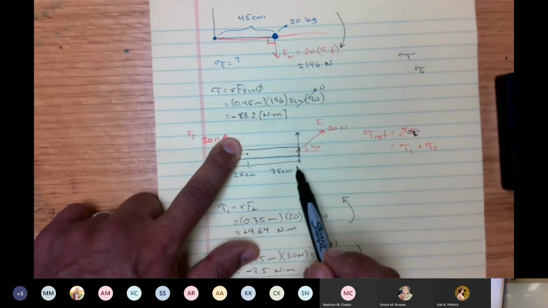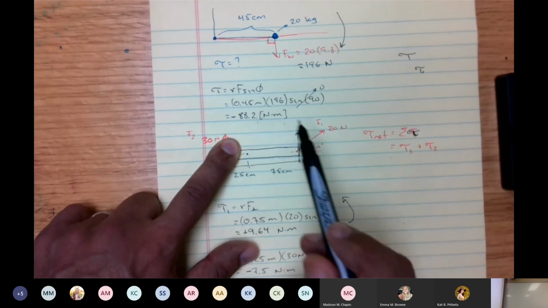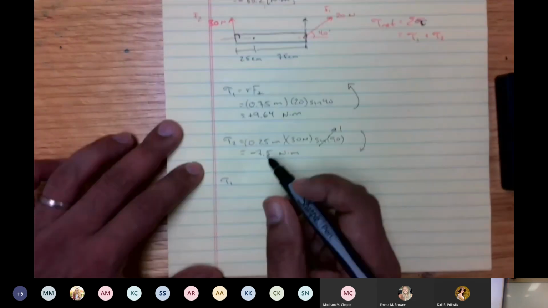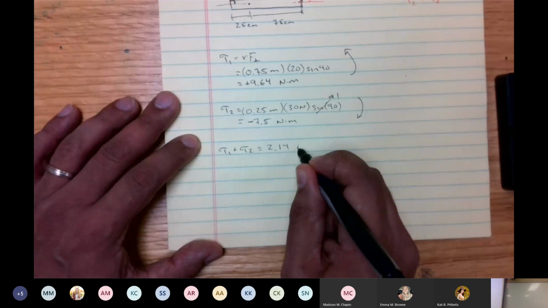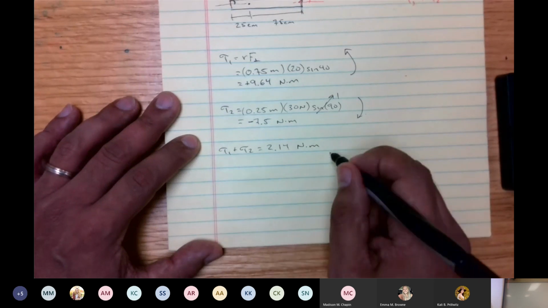So if I were to push that way, this is going to rotate like that. That's the easiest way. So this is going to be negative. So tau 1 plus tau 2, I will get 2.14 newton meters. So that means that at the end, this thing is rotating counterclockwise.